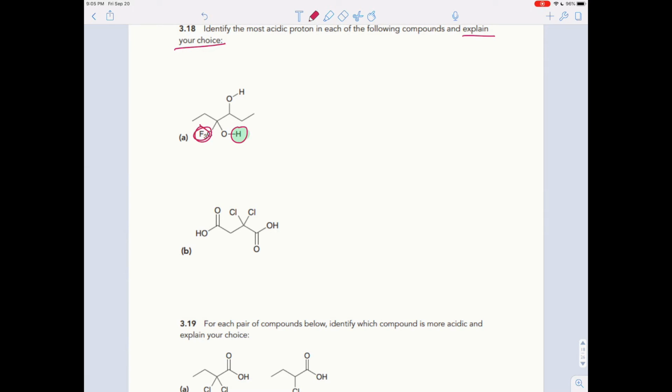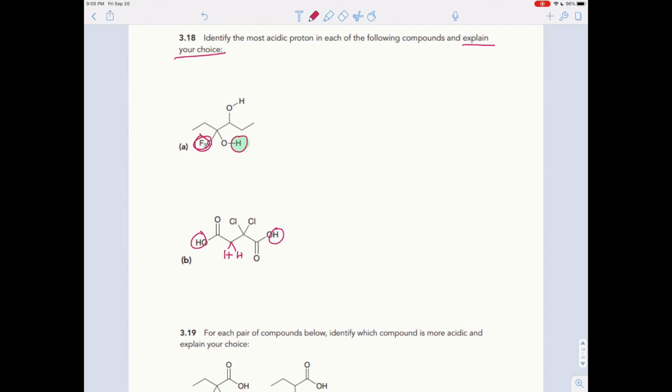Following the same rule here, we have hydrogens on carbon and hydrogens on oxygen. We saw that oxygen will be able to stabilize the negative charge better with its electronegativity. Both of those hydrogens, if they left, would leave behind a lone pair involved in resonance. Notice a lone pair here with a negative charge is allylic.